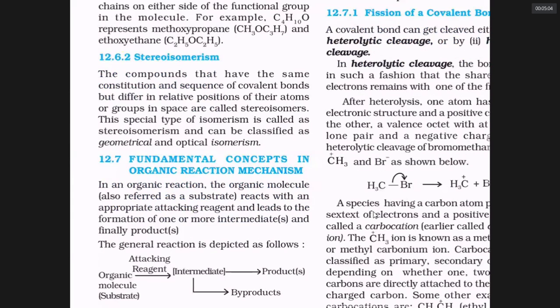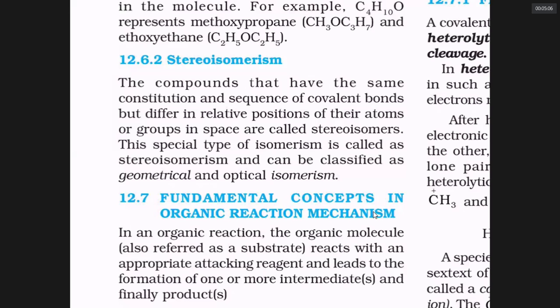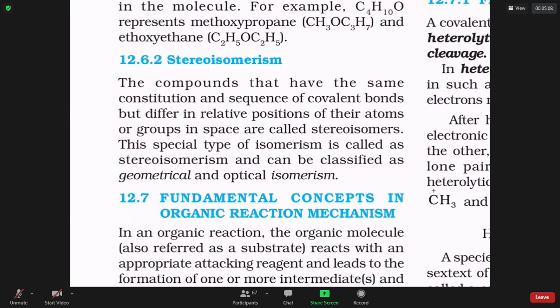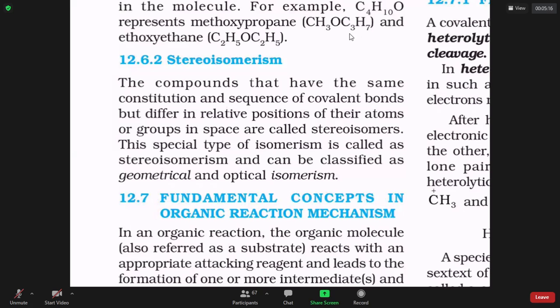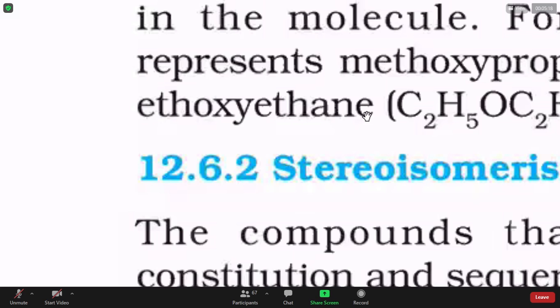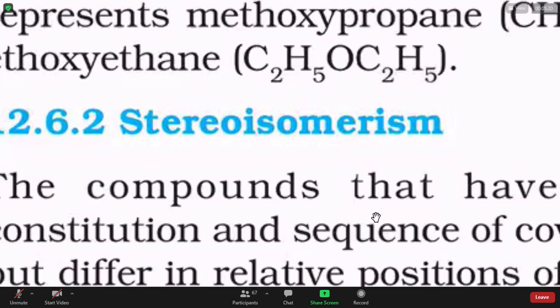Stereoisomerism, they have given only one paragraph. The compounds that have the same constitution and sequence of covalent bonds but differ in relative position of their atoms or groups in space are called stereoisomers. This special type of isomerism is called stereoisomerism and can be classified as geometrical and optical isomerism. Only this much. On this, I have sent you one book called Stereoisomerism.